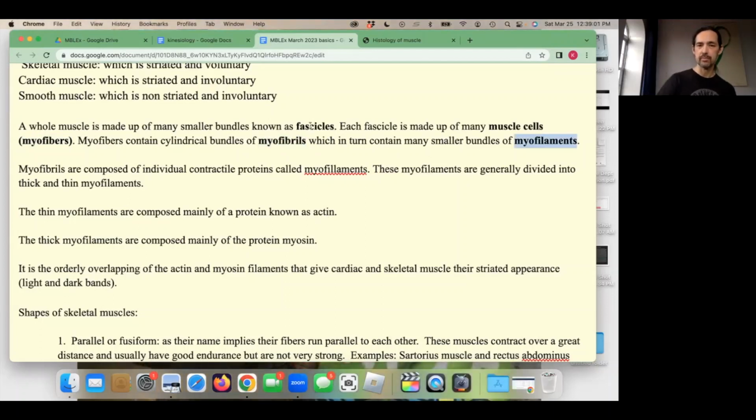So it's muscle, fascicle, myofiber, myofibril, myofilament. The myofilaments are the ones that contain actin and myosin. Those are the proteins that allow the myofilaments to shorten, which in turn shortens the myofibrils, the fascicles, and then shortens the muscle.